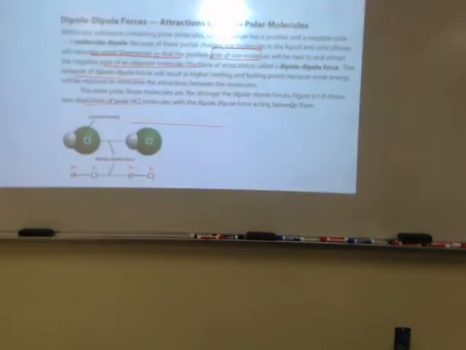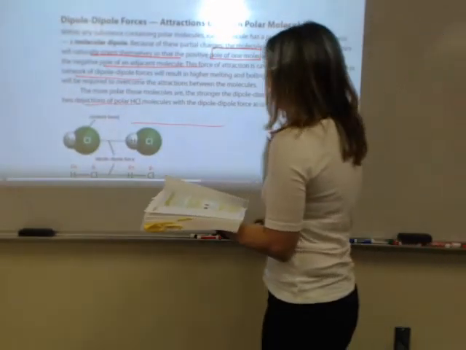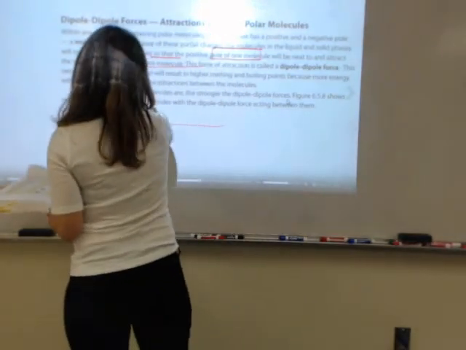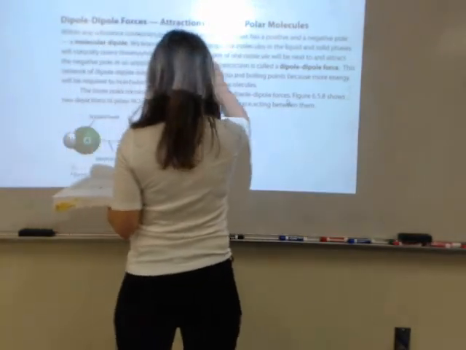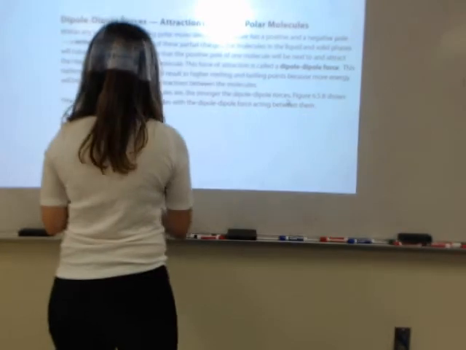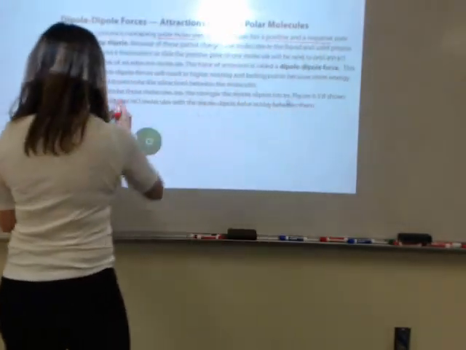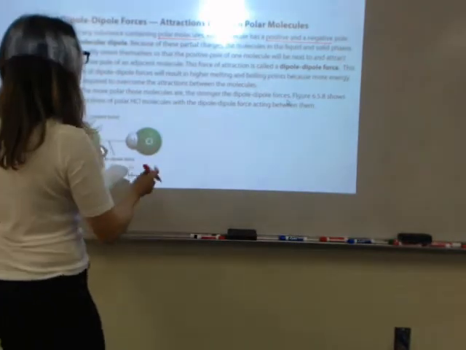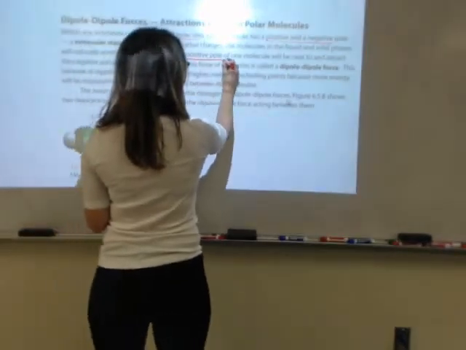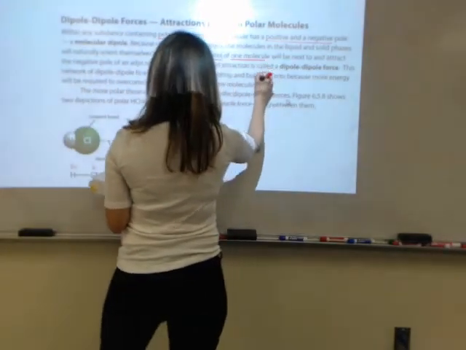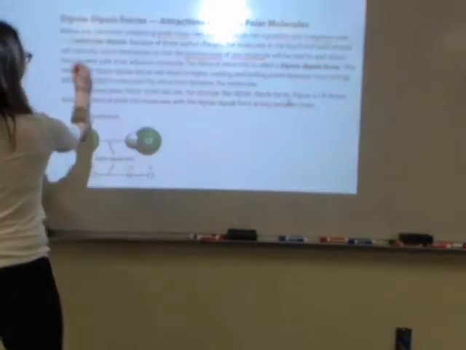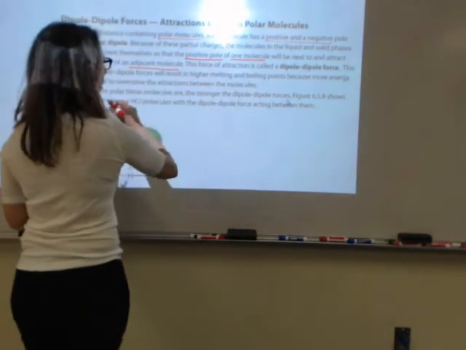Let's start by talking about dipole-dipole forces. These are attractive forces between polar molecules only. Polar molecules have a positive and a negative end, known as a molecular dipole. And the positive pole of one molecule is going to be next to and attracting the negative pole of an adjacent molecule.